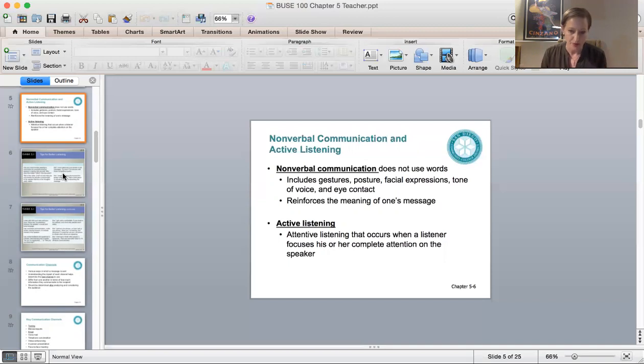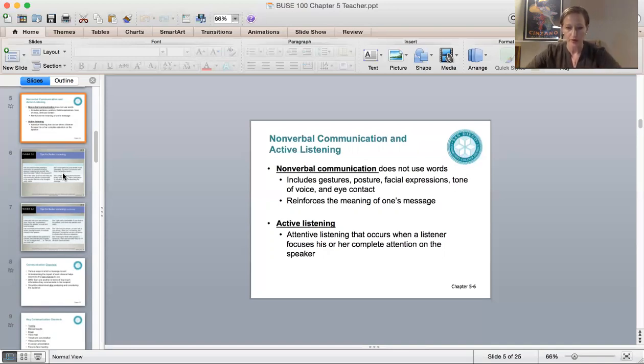There's been research where men will actually tune out a voice that is too high pitched, and so oftentimes when women are trying to communicate, they might choose to take a lower tone of voice. It's also important that we speak slowly. We should adopt gestures and postures that show confidence, openness, coherence.